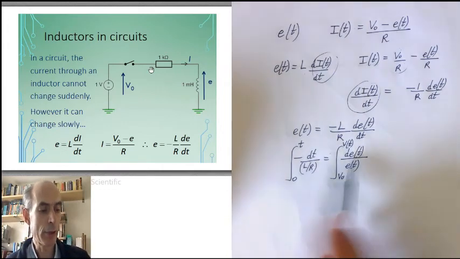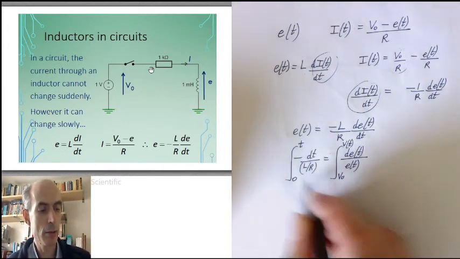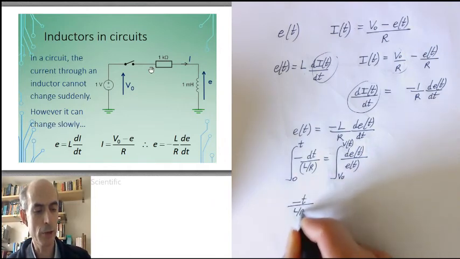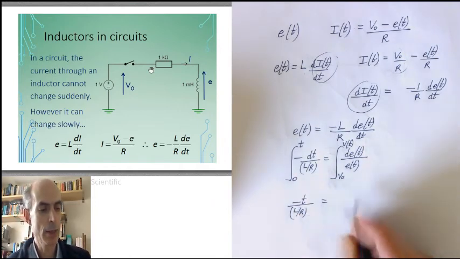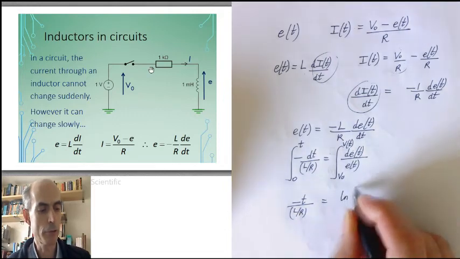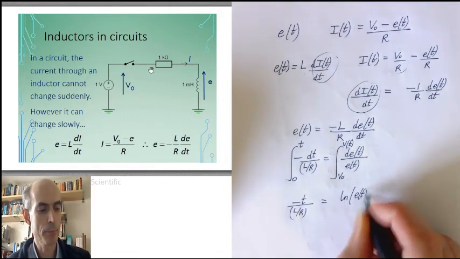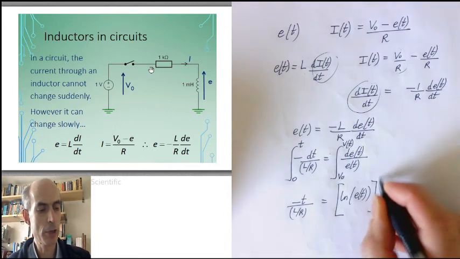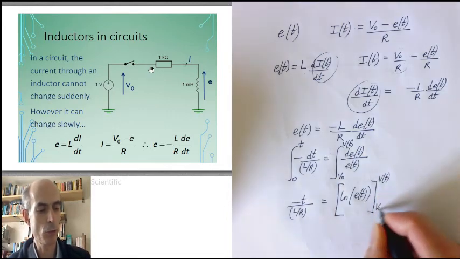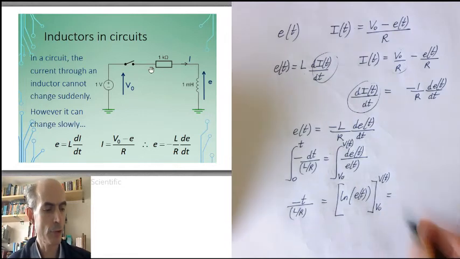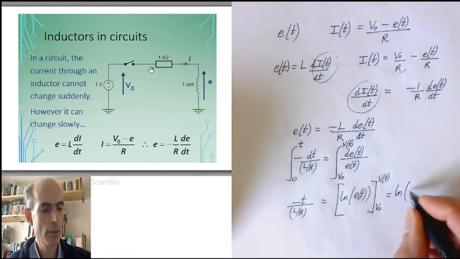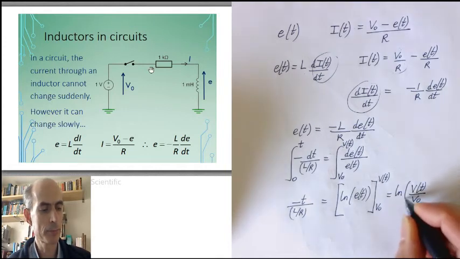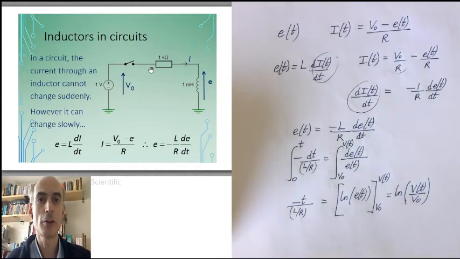I can now integrate that up, and that will give me minus t over L over R on this side, and the log of E of t evaluated at V of t and V0, and that's just the log of V of t over V0, using those results that we saw before.